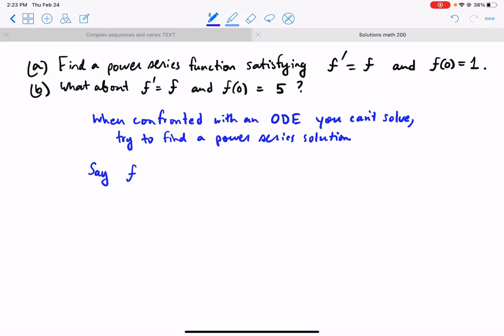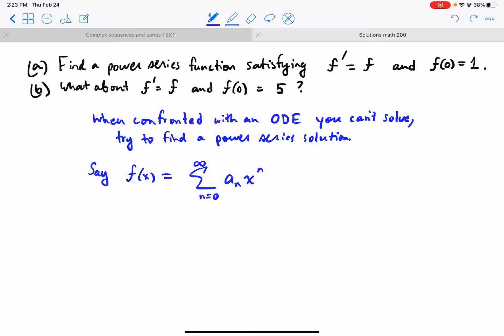Say that f of x equals some function of x where we just take a bunch of coefficients and then powers of x. And let's start at 0 to infinity, so we get a power series. And I guess we're centering it at 0. You could try to center it somewhere else, but it would be harder to then get this.